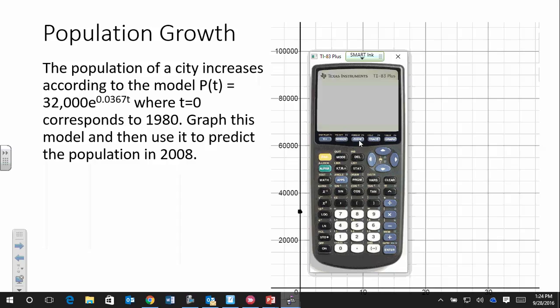If we say y equals 32,000 e to the 0.0367 times x, right?